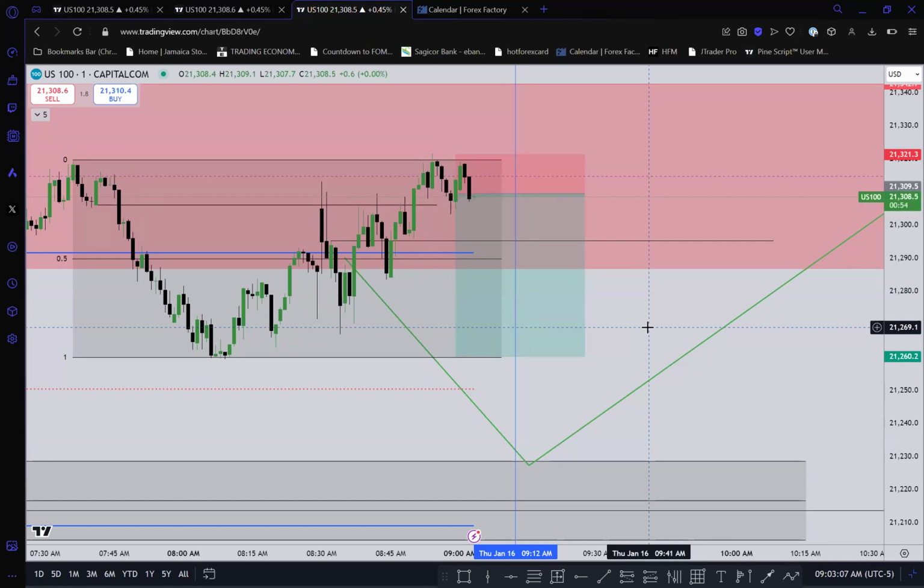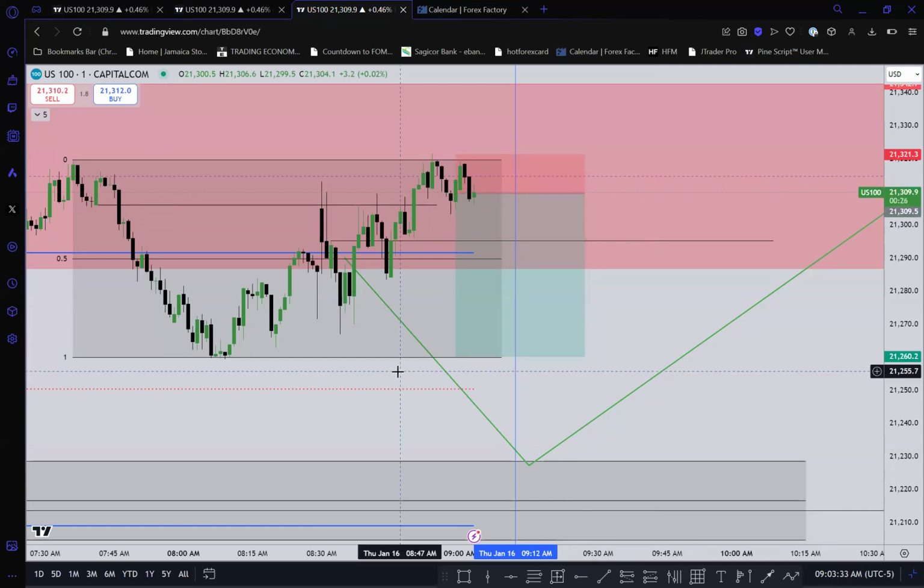Move. Element of aggressive job setup. That would be nice.